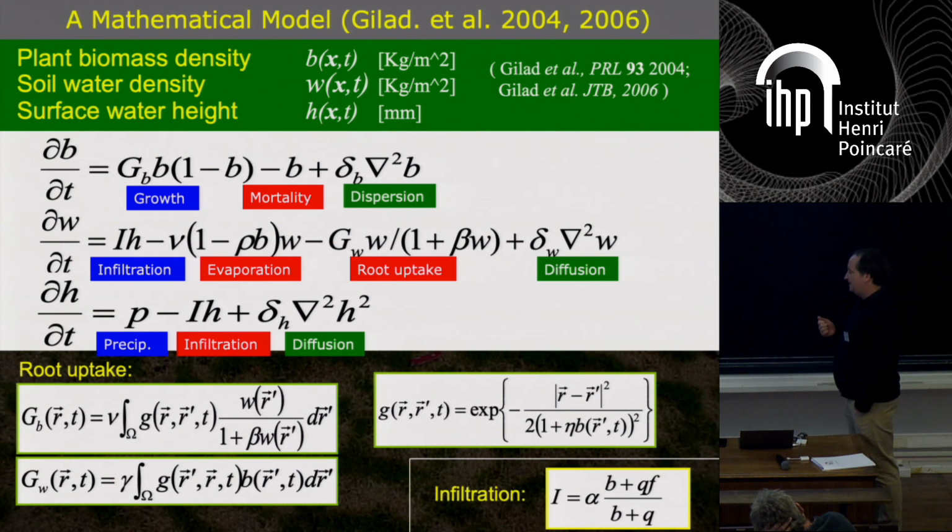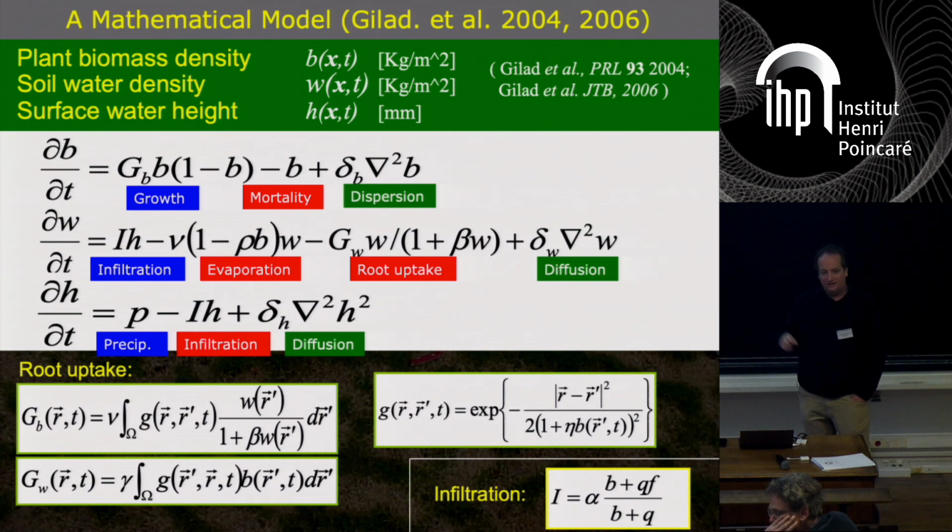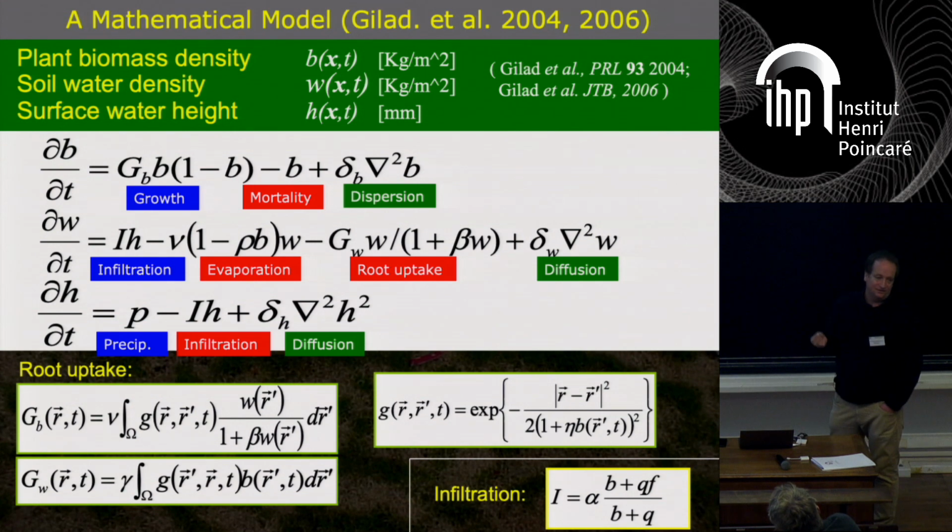The root uptake feedback requires an individual plant to be capable of drawing water from its surroundings. And we managed to do that by adding an integral term in the equation. You see that the equation for the biomass is a very simple logistic form plus a dispersion term.